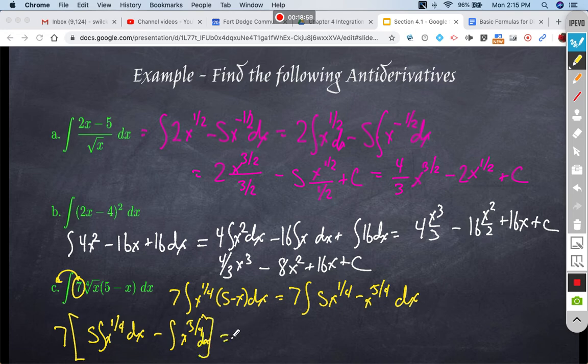dx is 7 times 5x to the 5/4 over 5/4 minus 5/4 plus 1 is going to be 9/4 over 9/4 plus c.